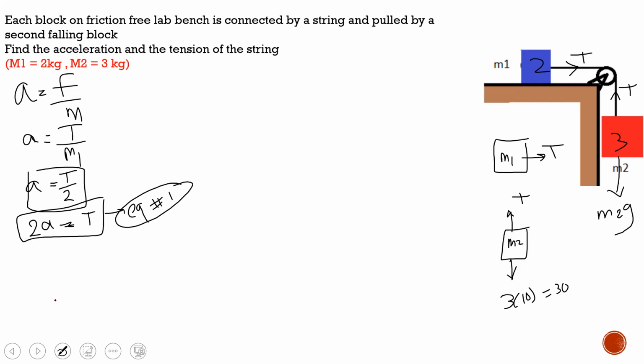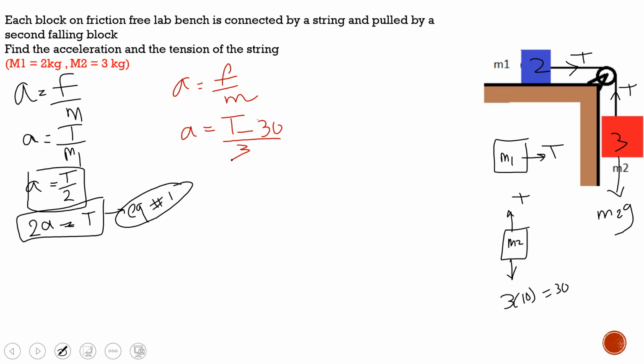Now, let's use the same equation for the second mass. Now look at M sub 2. What are the forces that are applied on M sub 2? It's going to be gravity and the tension upwards. So we will say tension minus 30, or m2g, over what? The mass. What is the mass of the second block? 3.